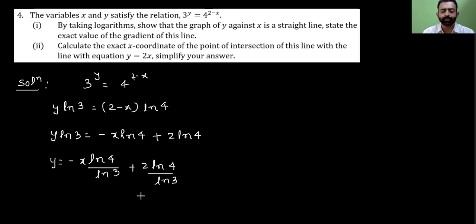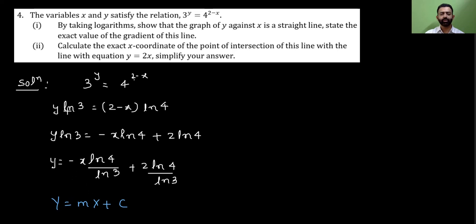Now it says that we have to show that the graph of y against x is a straight line. How can we show that any graph is a straight line? By comparing whatever equation we are getting with the general equation of a straight line, which is y is equal to mx plus c.